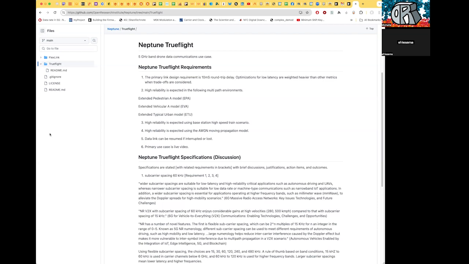Yeah. So we can't just look at this as a data link that's just for moving buckets of data in between drones. A lot of this is going to be used for helping the operators operate.